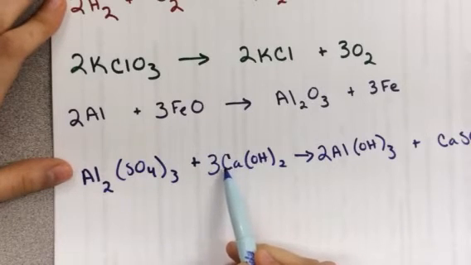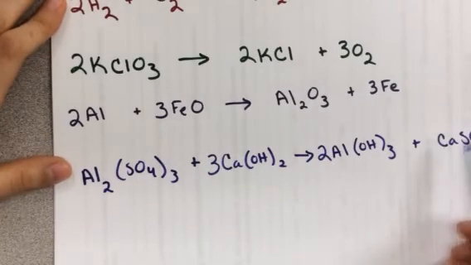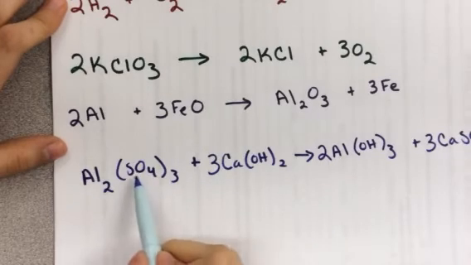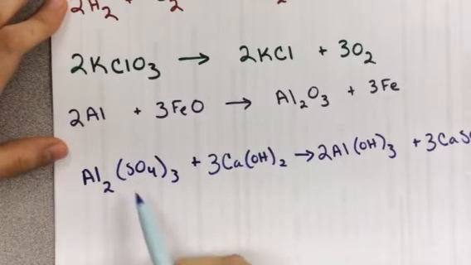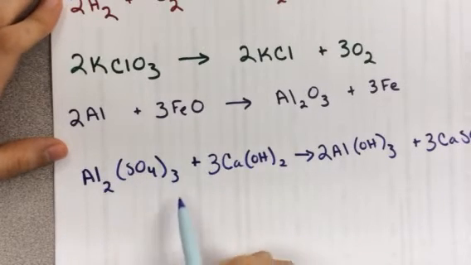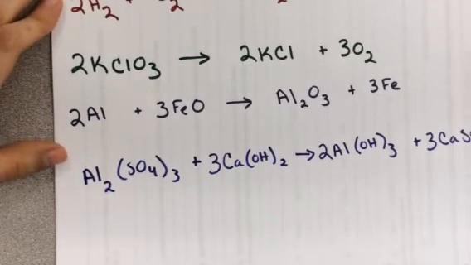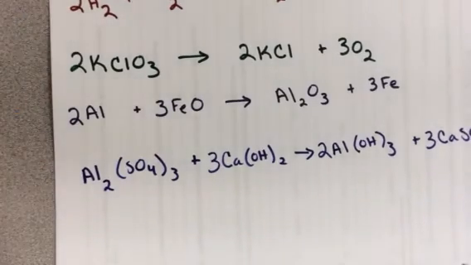That gives us 3 calciums on the reactant side, only 1 on the product side, so we need to change this 3. And that gives us 3 sulfates on this side, which is balanced out with the reactant side because we do have 3 sulfates there as well.